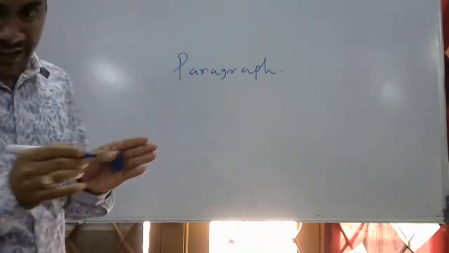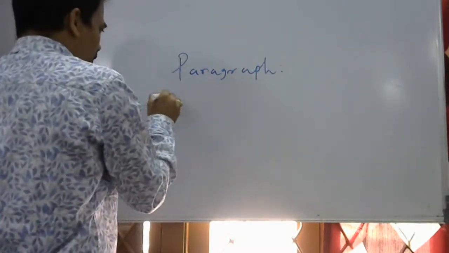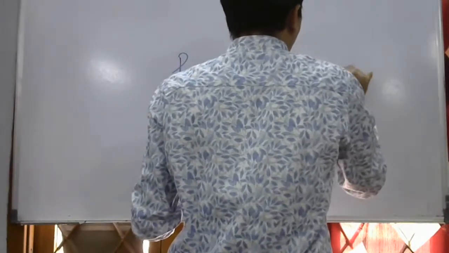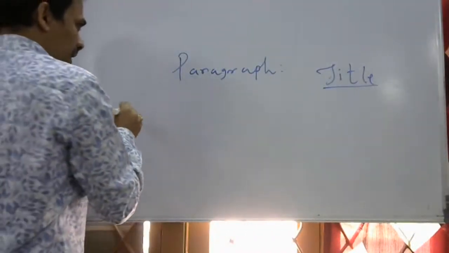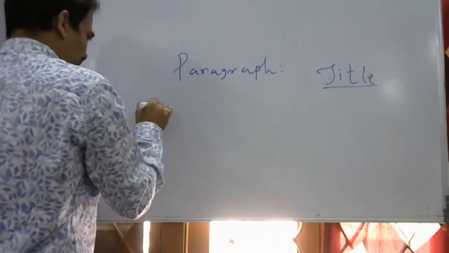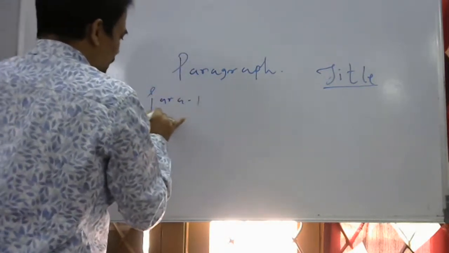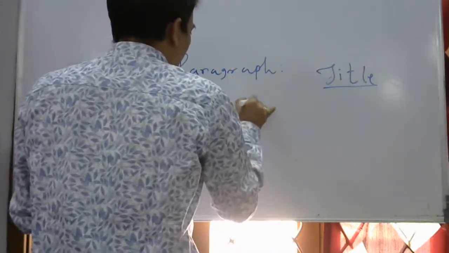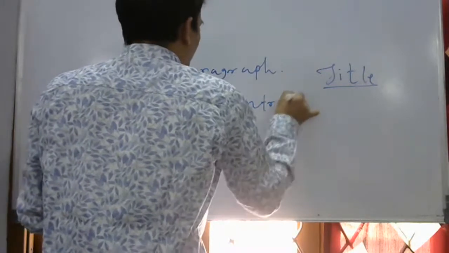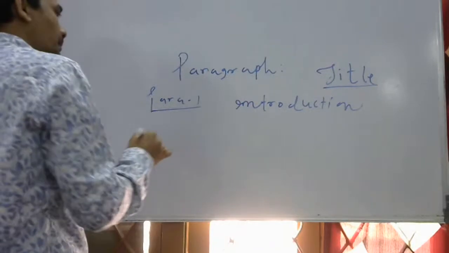So, when you are writing any paragraph, the child should understand, apart from the title, first you are going with the title of the story. So apart from the title, what other things do you have to take care of in paragraph number one? You will make it a single paragraph, but I am just giving you this for your understanding. In paragraph one, you will check the introduction part.